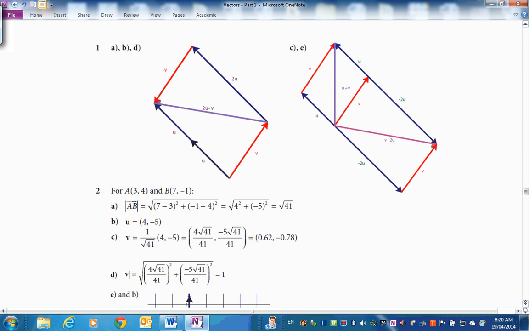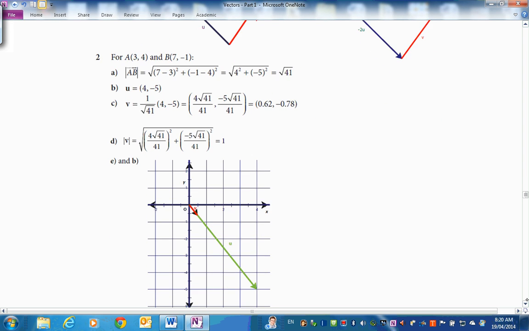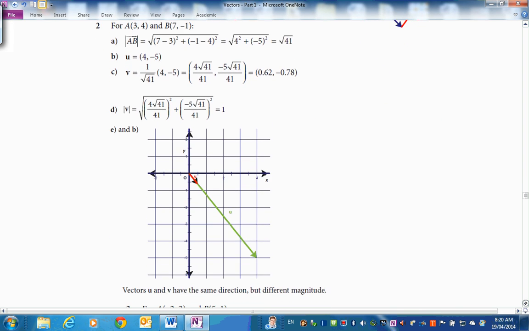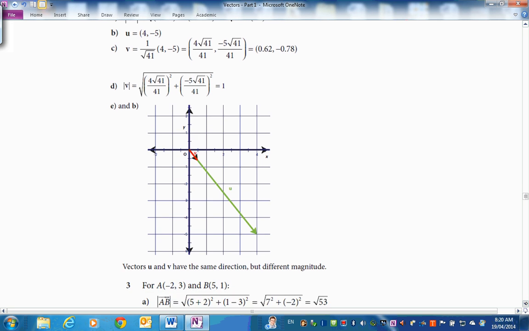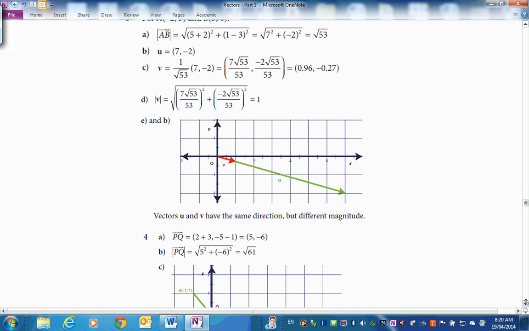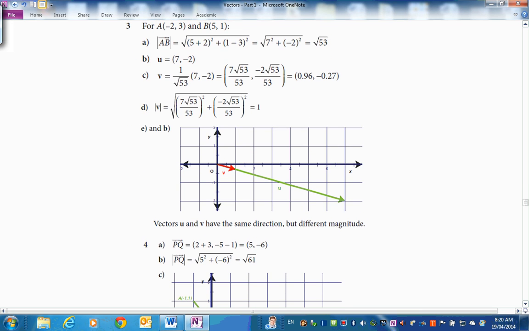Okay, question 1 and 2, or parts of 1 and 2. Diagrams may vary depending on where your starting points are for your vectors, obviously. Question 2, finish off that. Question 3.